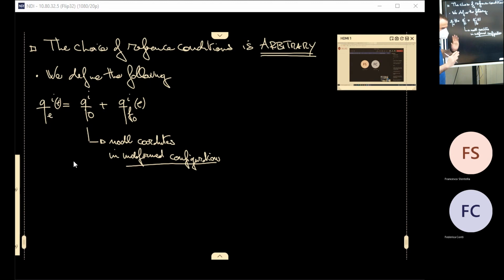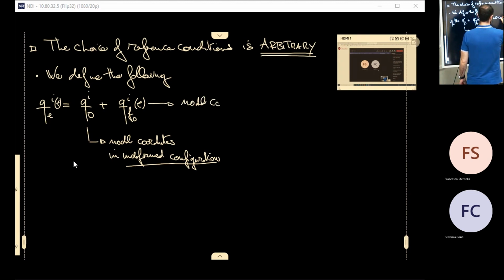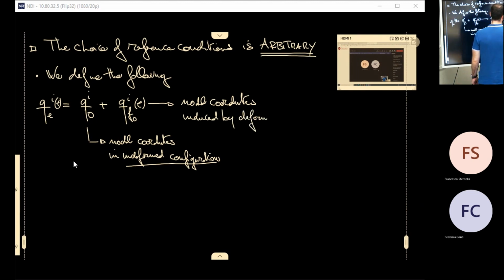The initial value. This is nodal coordinates induced by deformation. Okay.